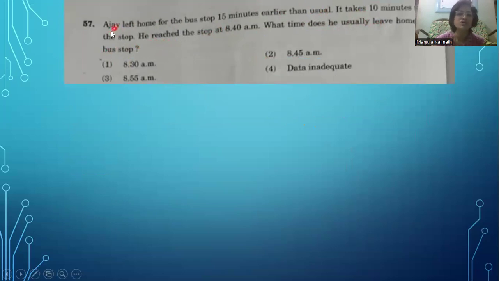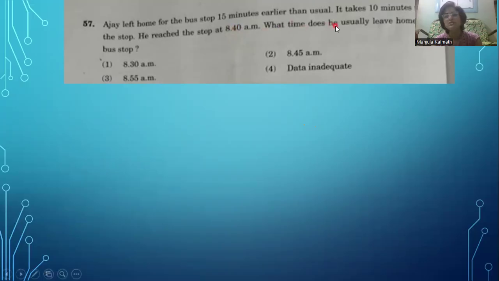How much time is it taking to reach the stop here? 10 minutes. And he reached the stop at 8:40 a.m. So 8:40 minus 10 means it will be 8:30 a.m. He left home at 8:30 a.m.